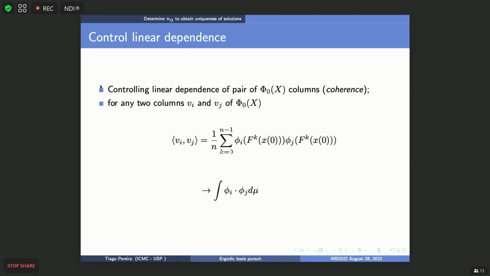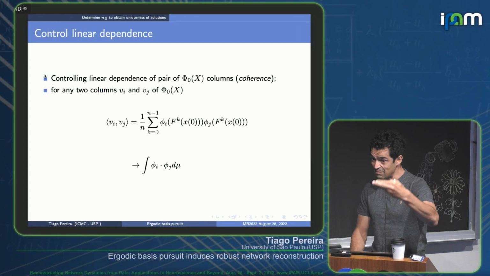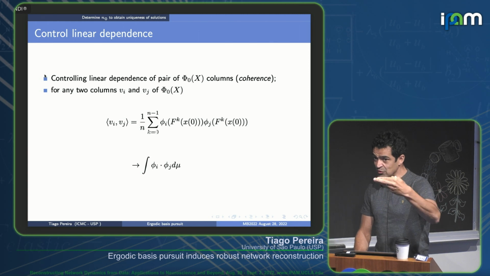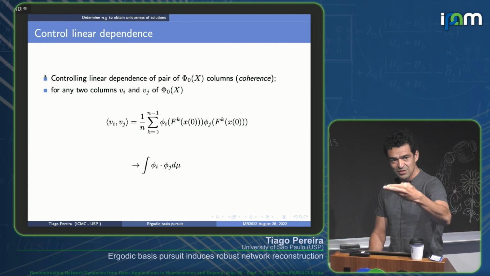Therefore, by ergodicity, this time average will converge to the space average. This is true when n goes to infinity, which I don't want to do, because I told you that the number of data points is important, so I want to keep n small. To be able to keep n small, ergodicity is not enough.